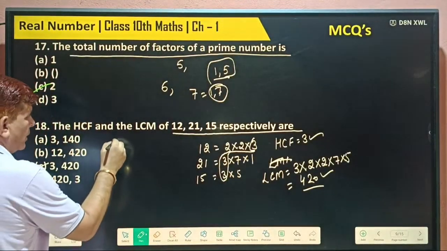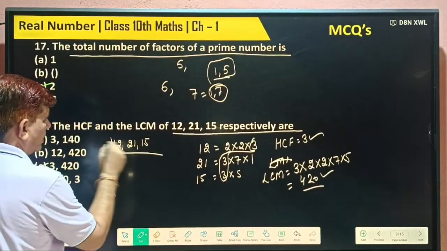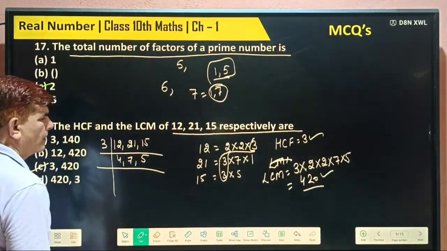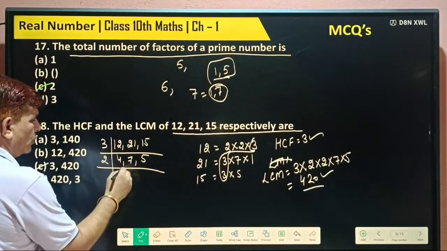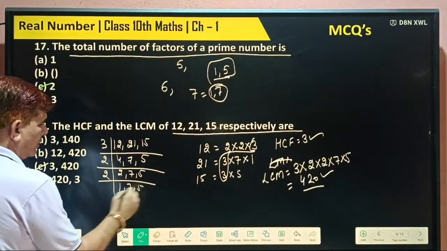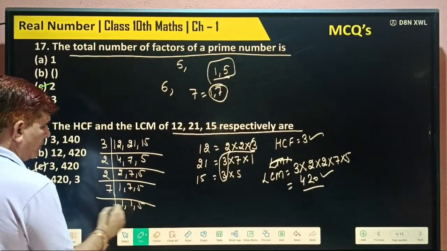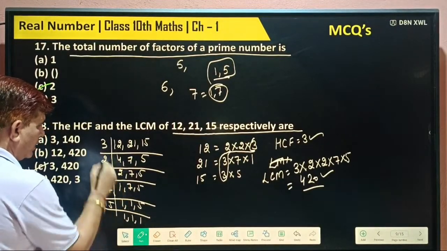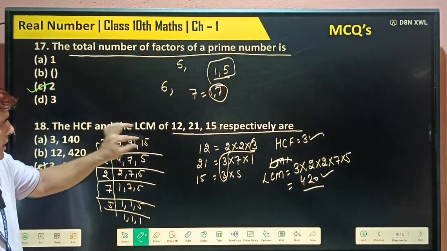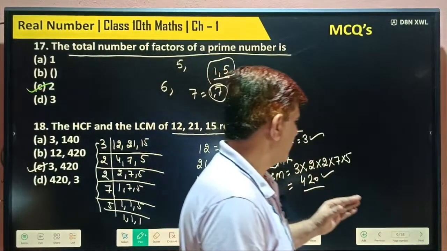One more way, we can write 12, 21, 15, divisible by 3. 3 fours are 12, 3 sevens are 21, 3 fives are 15. Again 4, 7, 5. If their multiplication is there, that is LCM, and only these three divisible by 3, so 3 is there, that is HCF, not LCM, HCF. Got it?